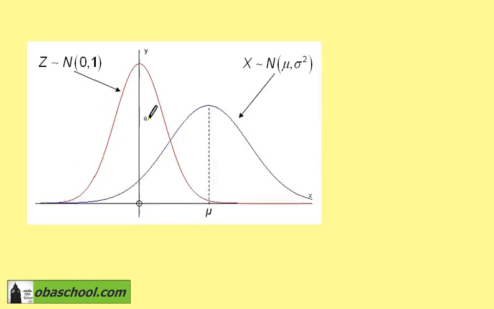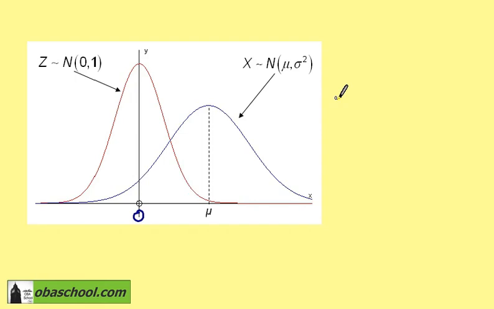Bringing both arguments together, the red curve is the standard normal with mean 0 and variance 1, and the blue curve is a normal with mean mu and variance sigma squared. Remember that we only have standard normal tables.